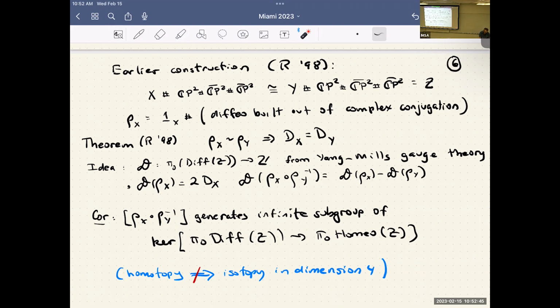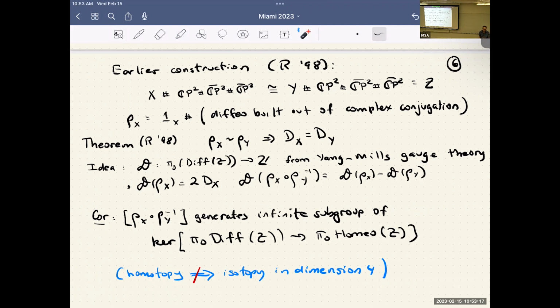That goes trivially if you think about it not in the diffeomorphism group, but in pi 0 of the homeomorphism group. That generates an infinite subgroup of this kernel. So the phrase is that pseudo-isotopy does not imply isotopy in dimension 4.